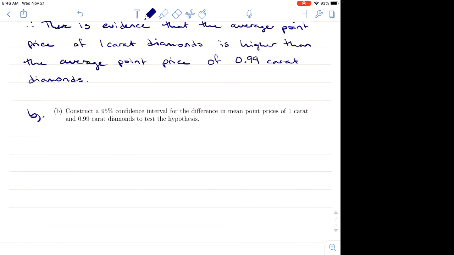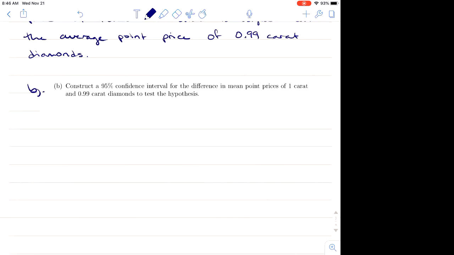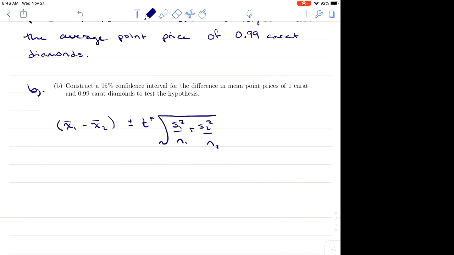Let's write out the formula for the confidence interval. Usually I would just go straight to finding T star, but this is our first time, so we have our formula that we're going to use: x1 bar minus x2 bar plus or minus T star times the square root of S1 squared over N1 plus S2 squared over N2.